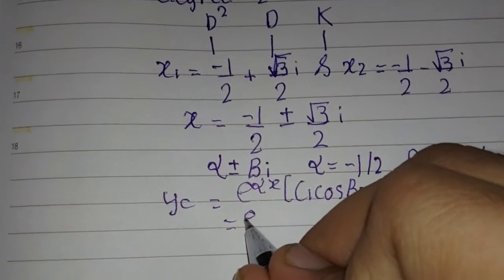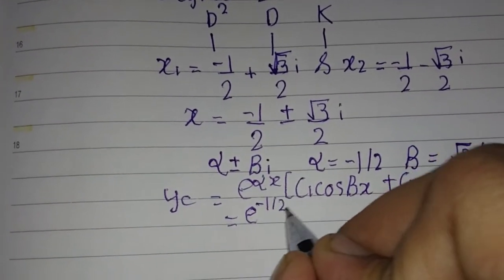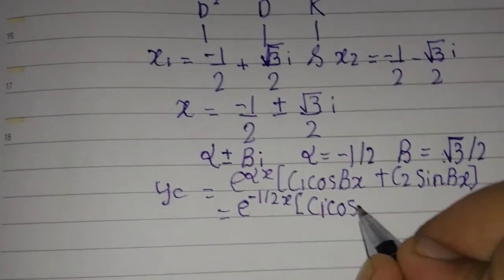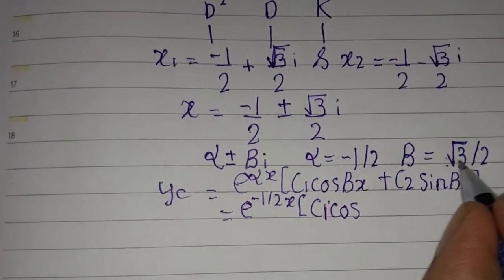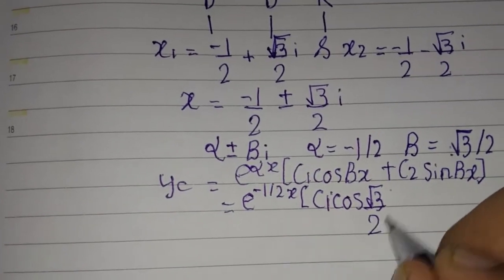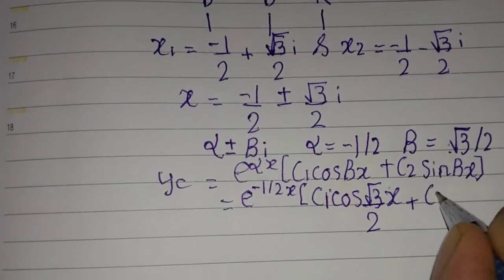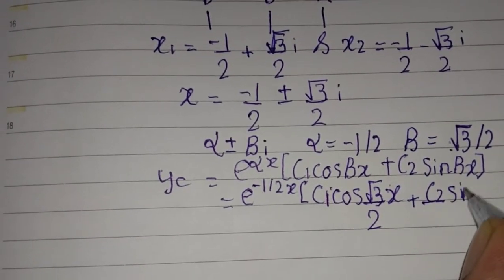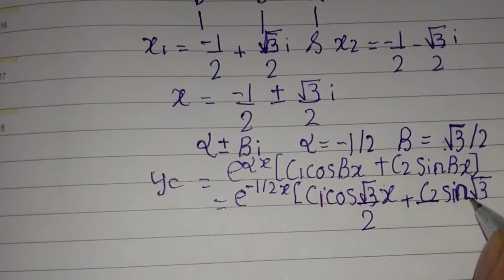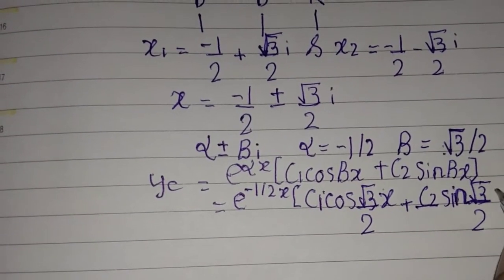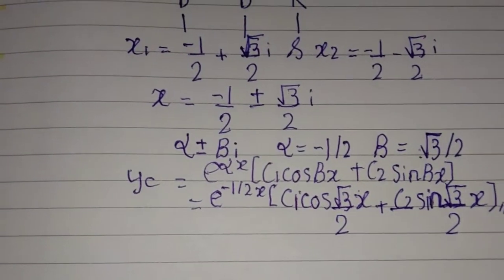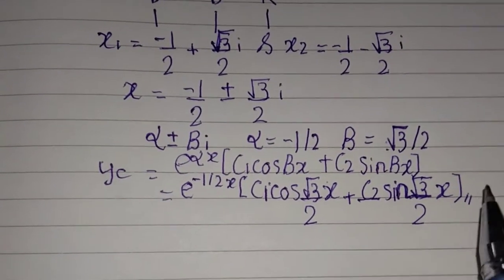Value of alpha is minus 1 by 2, so here we are going to write e raised to minus 1 by 2x, and c1 cos beta value is root 3 by 2, root 3 by 2x plus c2 sin root 3 by 2x. So this is the final answer.